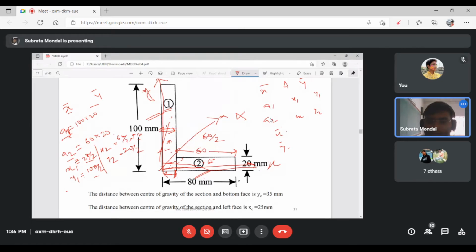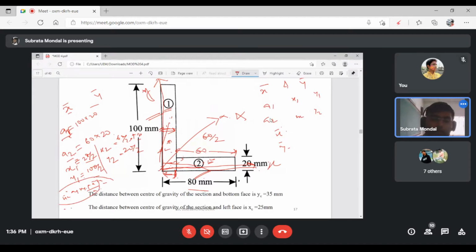Am I clear? Now you just put the equation in the solution, where x bar equals a1 x1 plus a2 x2 by a1 plus a2, and in a similar way you can get any other x bar.